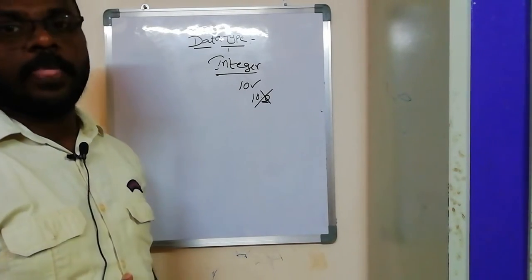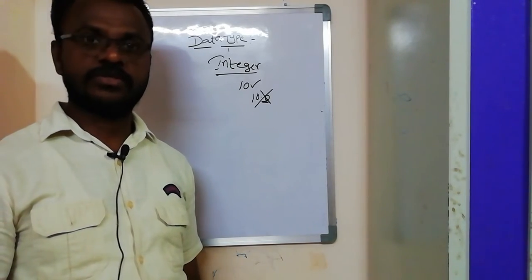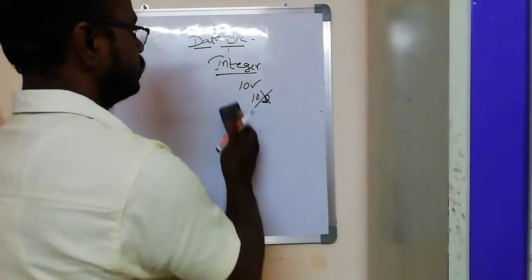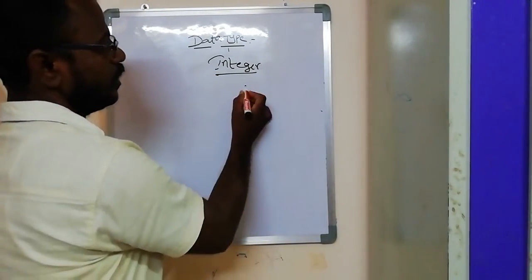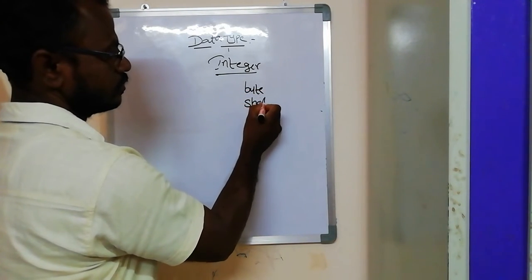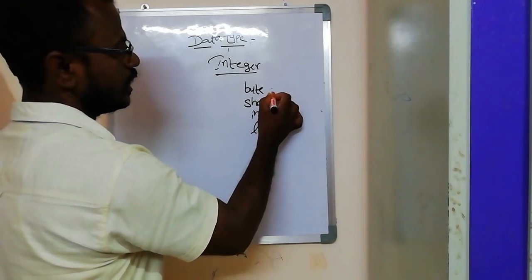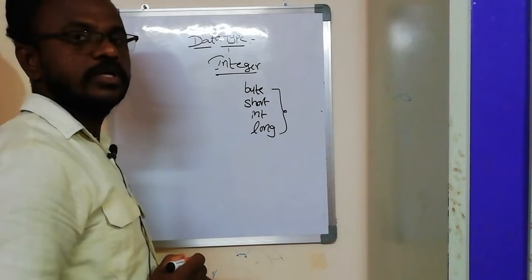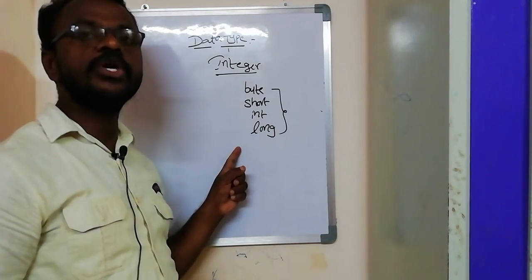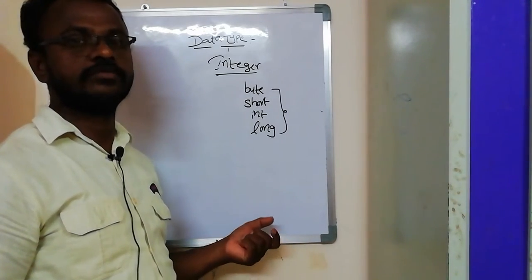This data type is divided into different types based on your number size: byte, short, int, long. These are the different parts of this data type. These data types are used based on the value size.